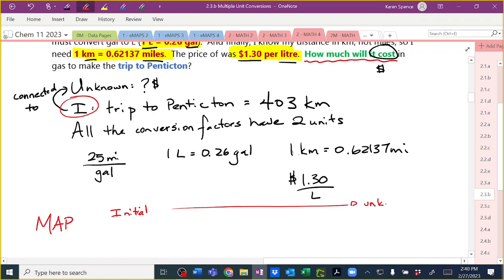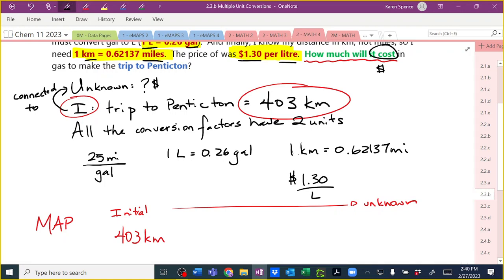So we are starting with 403 kilometers. What can we convert kilometers into? Kilometers, I can convert it into miles.